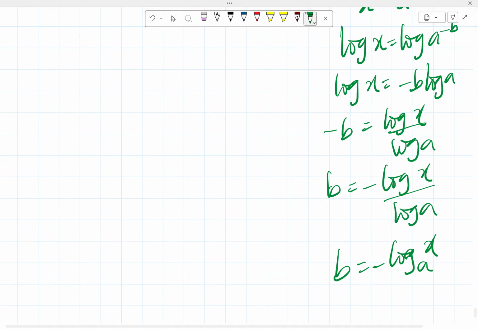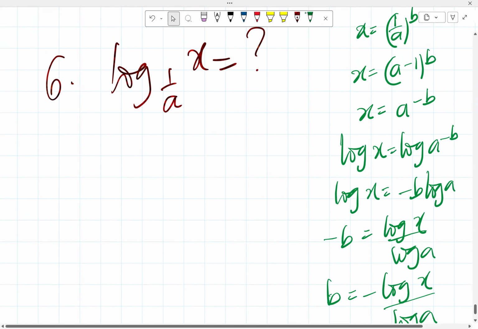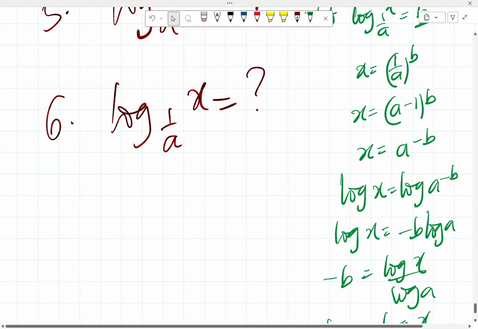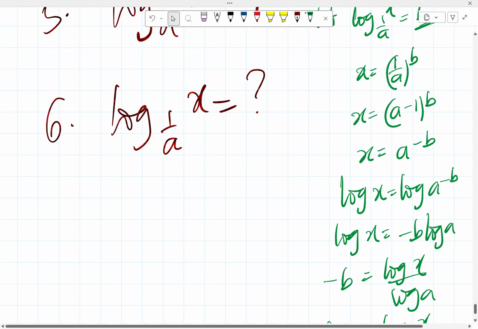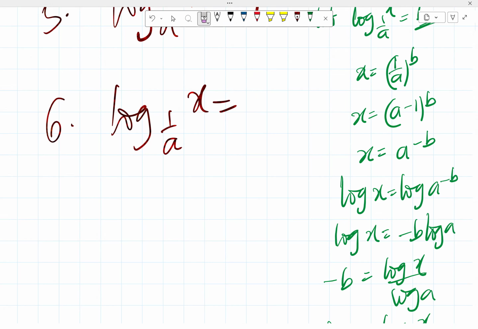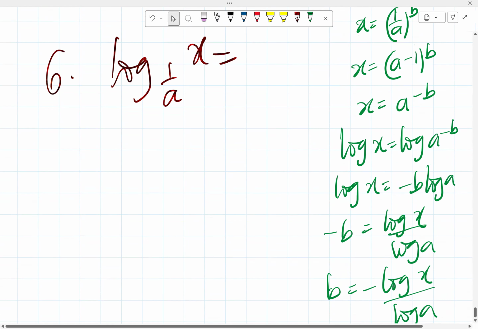Okay? So you see that this 1 over a introduces negativity into the whole mix. So in essence, we are saying that this is the same thing as minus log x to base a.